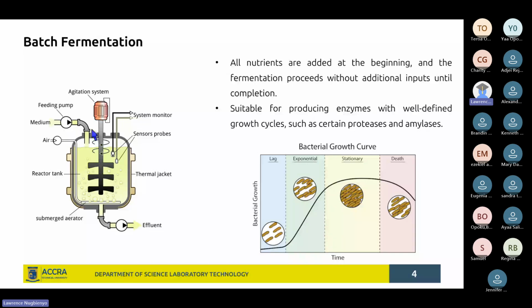You will have a pump pumping this medium into the bioprocessor. Then, of course, we saw that there was a rotor, rotating and keeping the mixture homogeneous at all times. That's what you are seeing here as an agitation system.